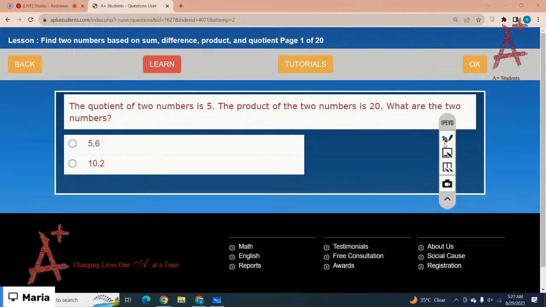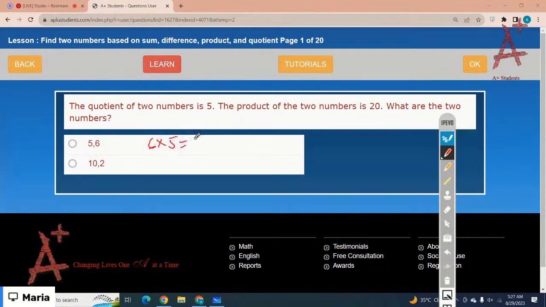Let's start with the first one. Product 6 times 5 makes 30. And when you divide, you cannot divide 5 by 6, right? Let's start with the second one. 10 times 2 is 20. And when you divide 10 by 2, that would be 5. So the quotient is 5 and product is 20. So that would be the second option, right? 10 and 2 is the correct option.